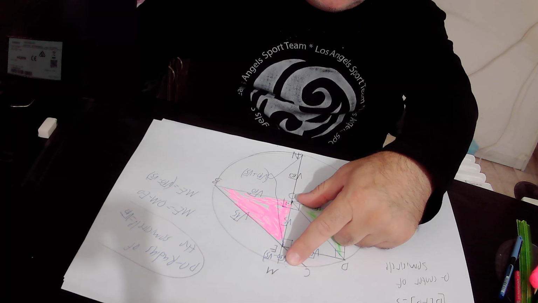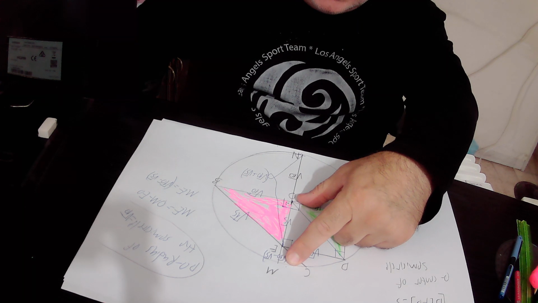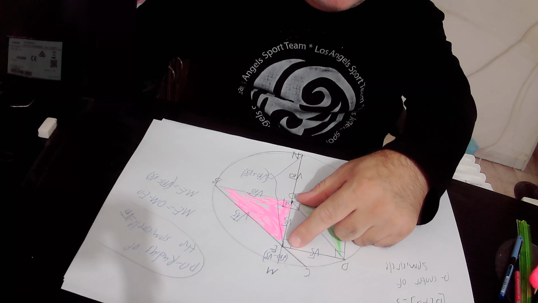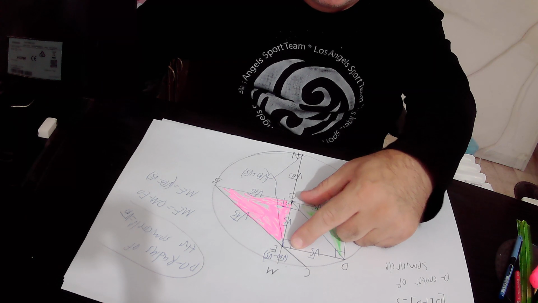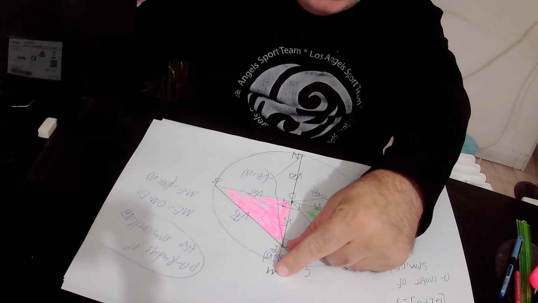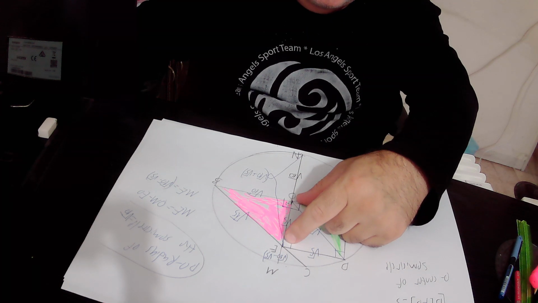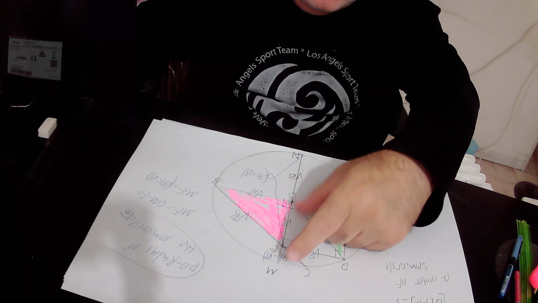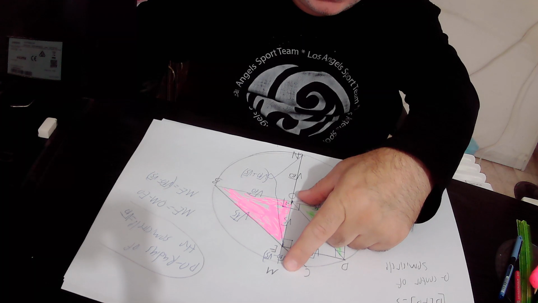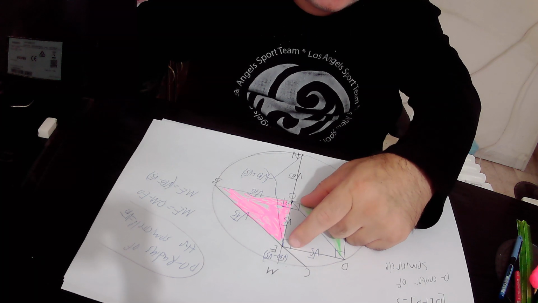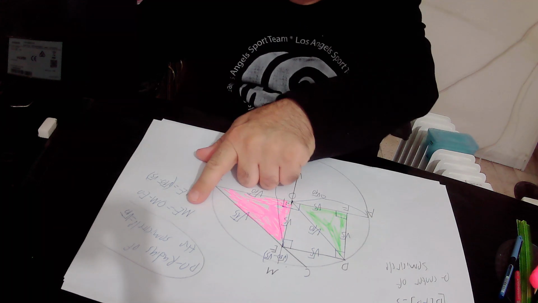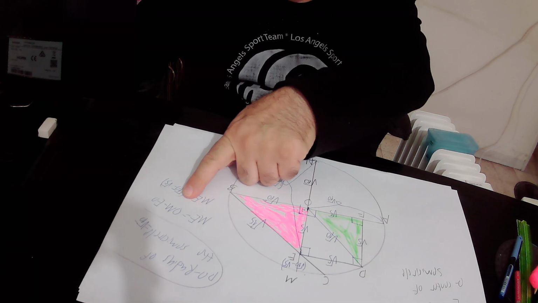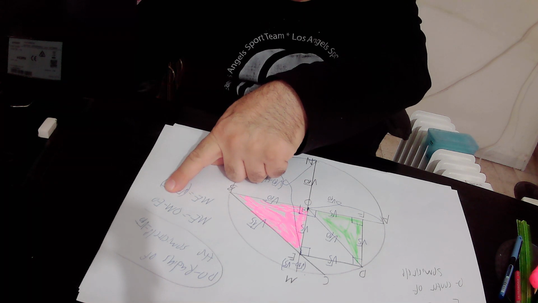OE equals the square root of 5 units. Therefore, ME equals OM minus OE.